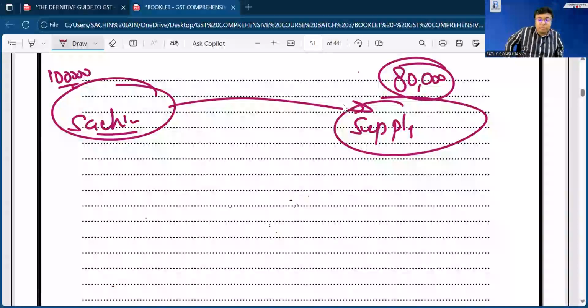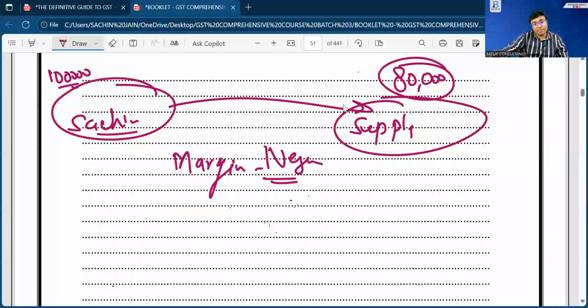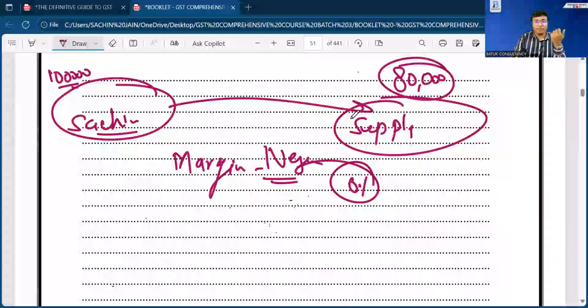I bought at 1 lakh rupees and I am supplying at 80,000 rupees. In that case your value of supply will be treated as 0. So no GST will be applicable in case of negative margin. That is what we need to keep in mind. So rate will depend on the product. Rate always depends on the product.